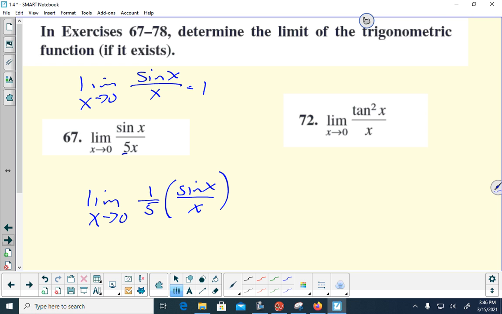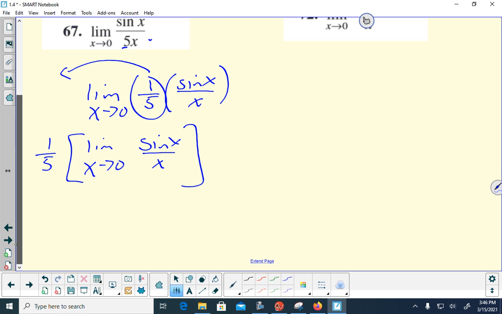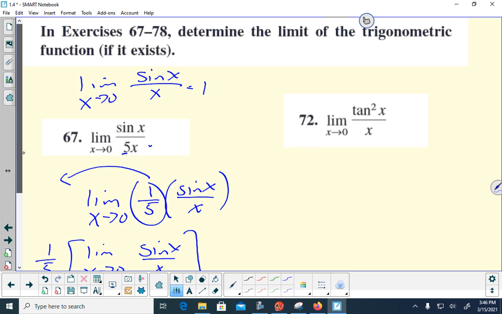And if I take 1 times the sine of x, 5 times x, I would end up back with this. This 1/5 technically comes outside. I'm going to take 1/5 times the limit as x approaches 0 of the sine of x over x. This whole limit is equal to 1, so 1/5 times 1 is going to be 1/5. I think we did that one in class.